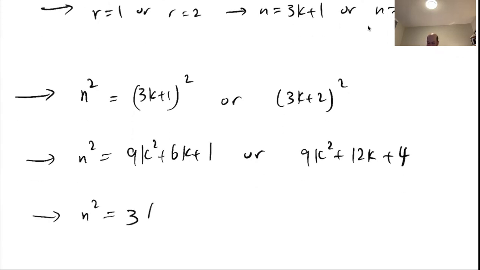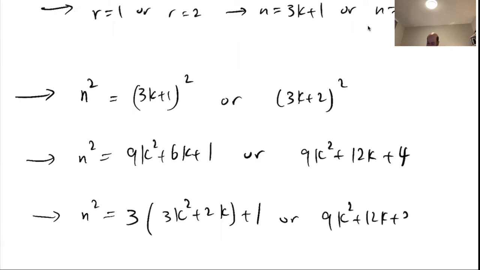Now I can take 3 common. In this case, I can write it first in the form 9k squared plus 12k plus 3 plus 1, right? I can write 4 as 3 plus 1. Why did I do that? Because I want to take 3 out as a common factor.